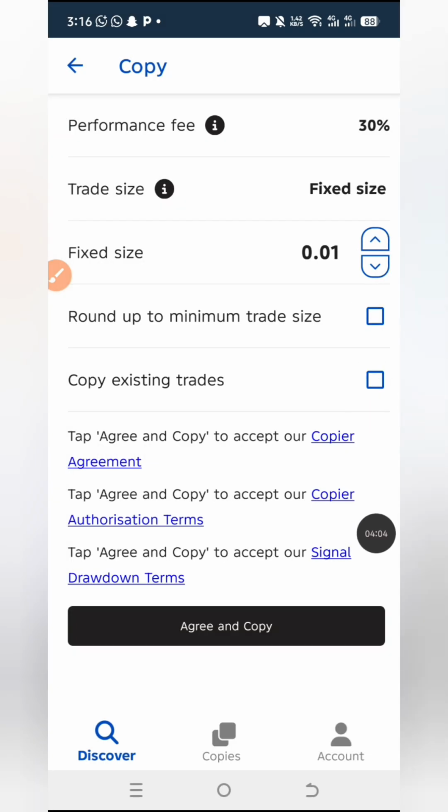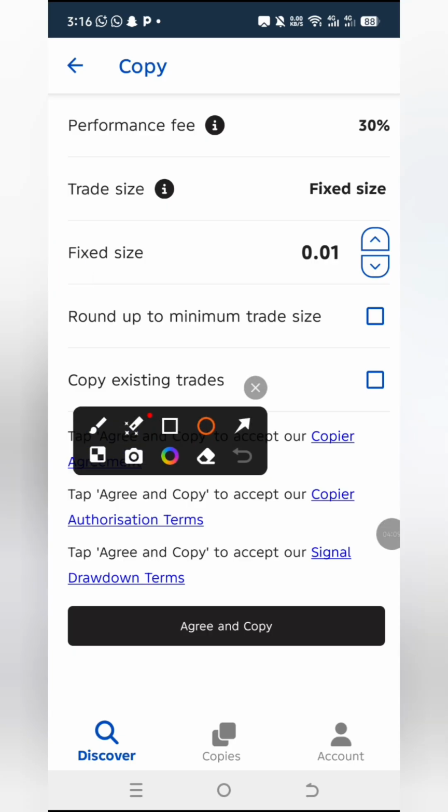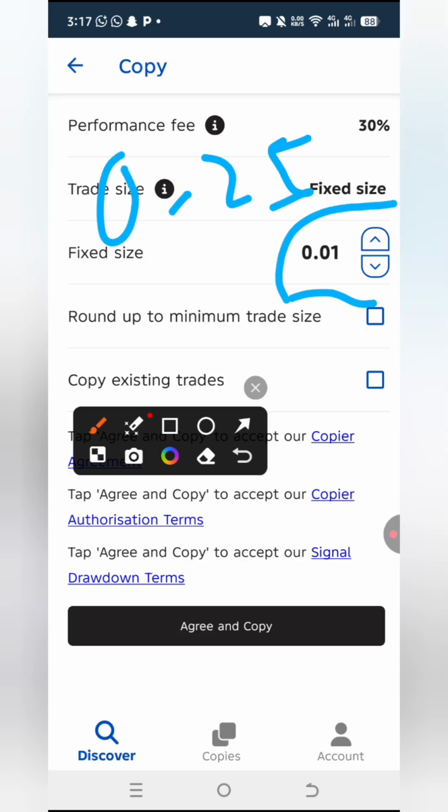Now, there are three types of settings I'll be giving. Let me put it to pen so that we can write. The first setting is going to be the least one I will ever expect anybody to trade with, and that is going to be 0.25. We are talking about the fixed size now.